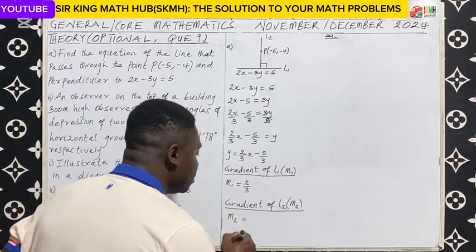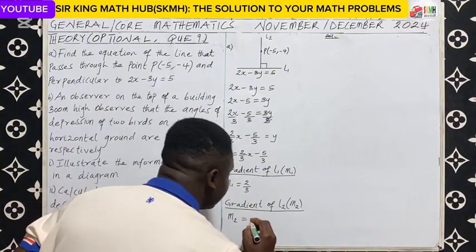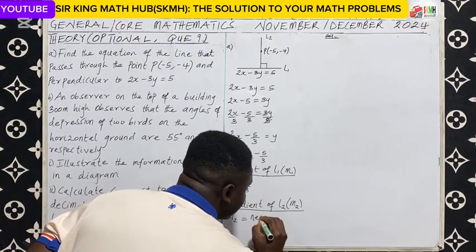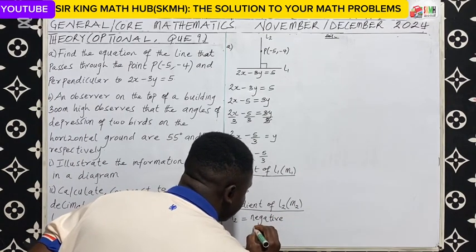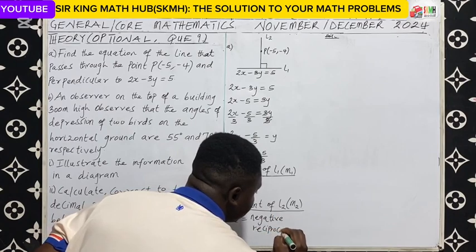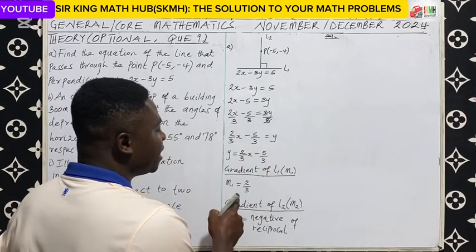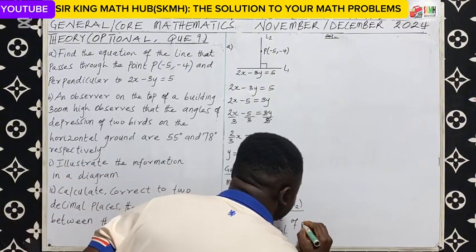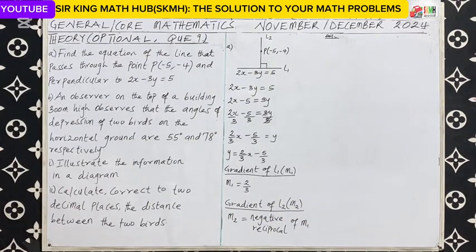Let's take note: to find the gradient of line 2, that should be equal to the negative reciprocal of the gradient of line 1, which is M1.